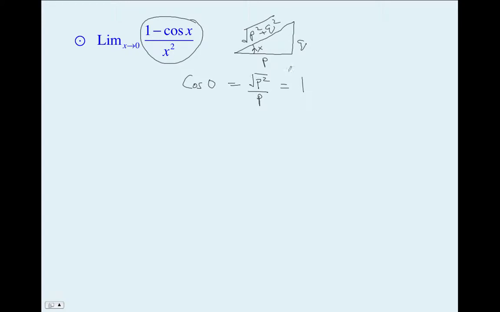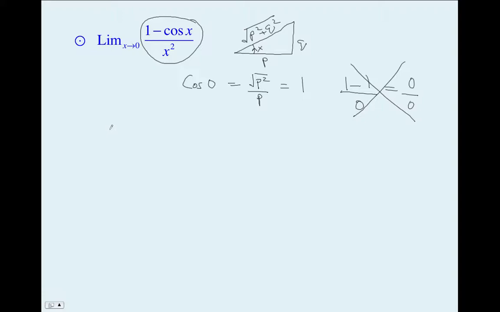And so if I was to put that in over here, I would have 1 minus 1 divided by 0, well, I'd get 0 by 0, and we know that that's no good. We've got to take x to be small but not exactly equal to 0.